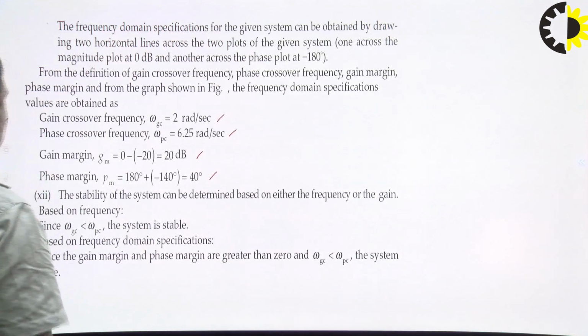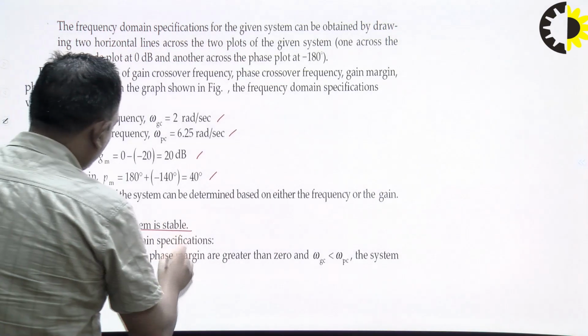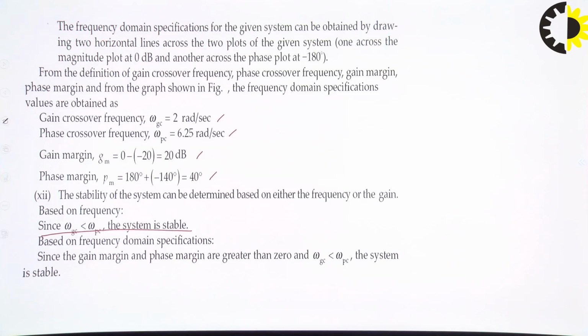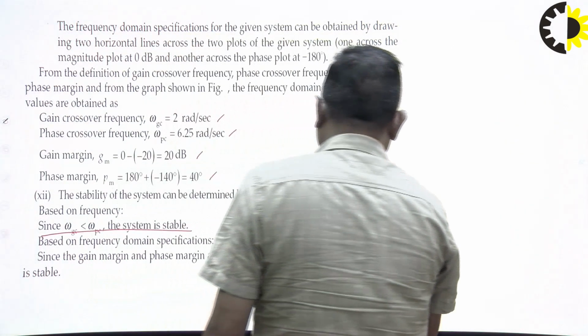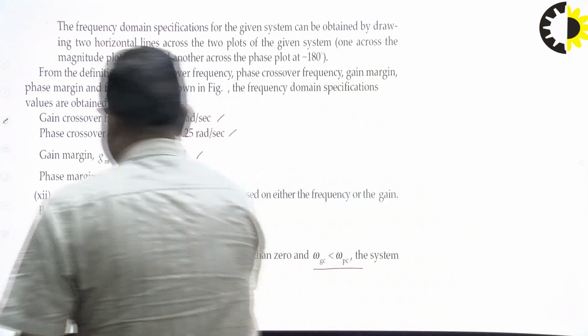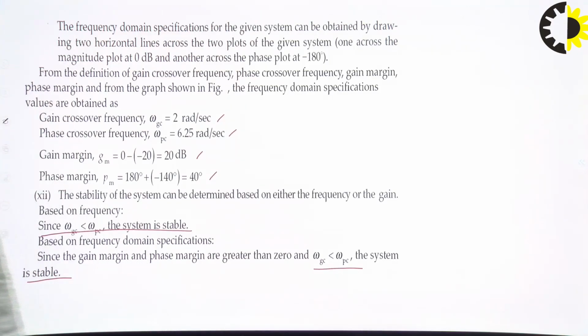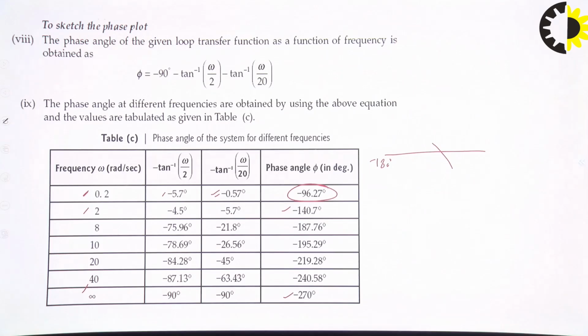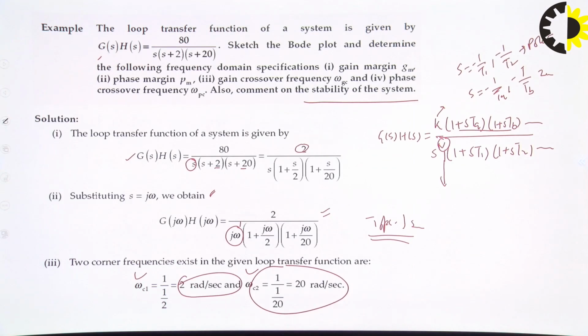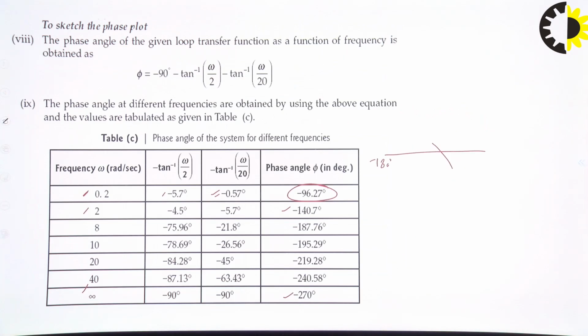Since omega GC is less than omega PC, the system is stable, and gain margin and phase margin are greater than 0. So you can say the system will become a stable system for this particular open loop transfer function.